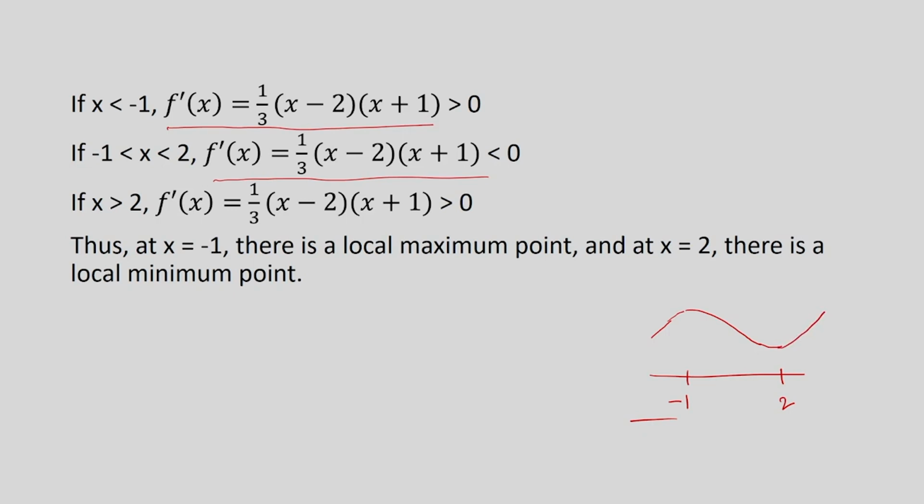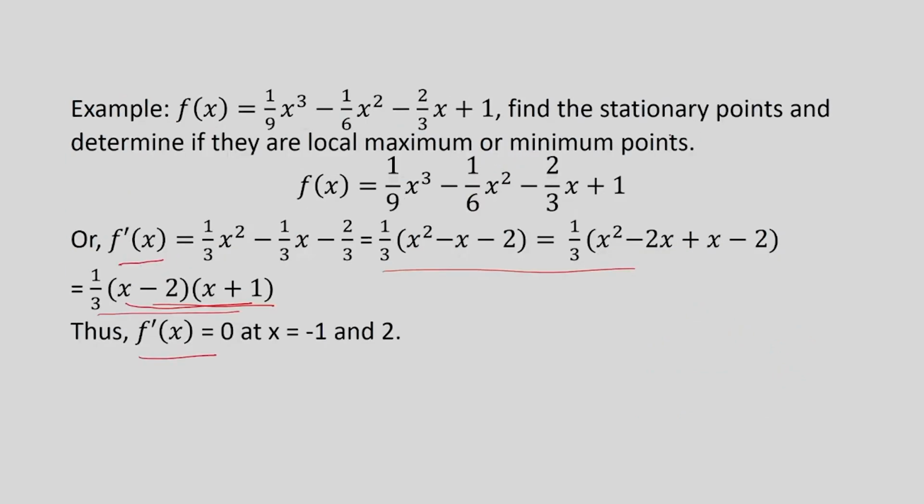Therefore, just by looking at the diagram that I have drawn in a rough manner, one can see that at x equal to minus 1, you have a local maximum point, right, and at x equal to 2, there is a local minimum point.